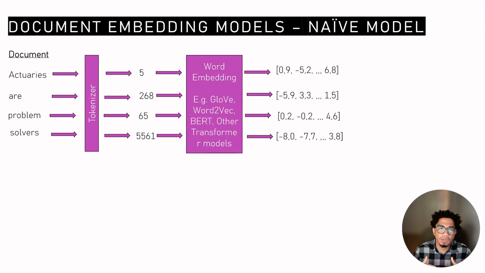Obviously, there are different types of word embedding models. Transformer models usually have a contextualized meaning. So the output vectors would essentially represent a contextualized meaning of the word. Whereas non-transformer models, such as your Word2Vec, wouldn't necessarily have a contextualized meaning of the word, right?